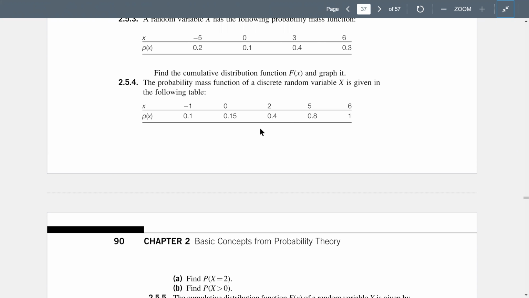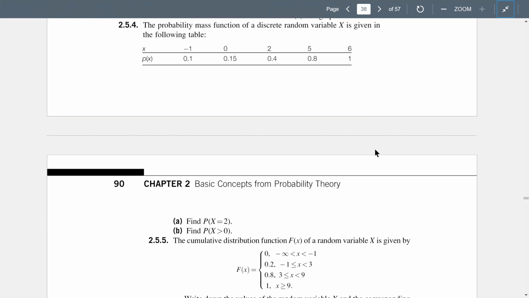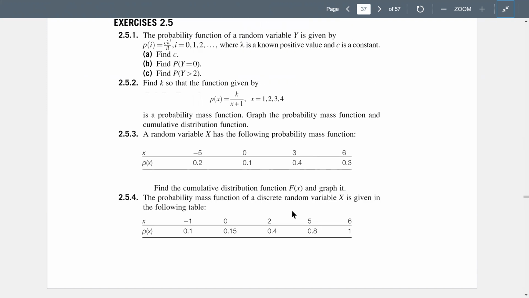The PDF is for continuous, but for discrete it is PMF. I think there's a typo for this question, because the sum has to be 1 and this exceeds 1.